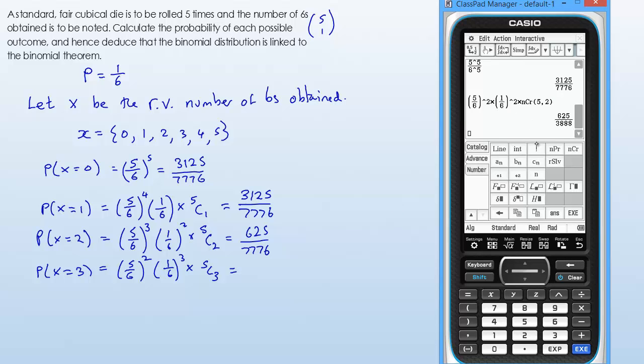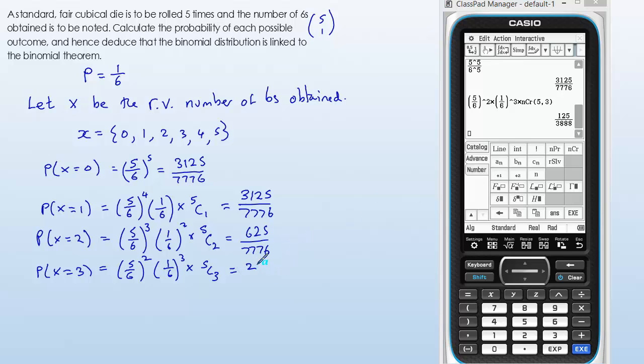So this one will go to 2, this one will go to 3, and we'll change that one to a 3. And that's 125 over 3888. I'm going to write that as 250 over 7776. So they've all got the same denominator.